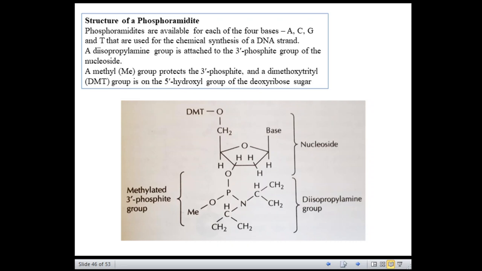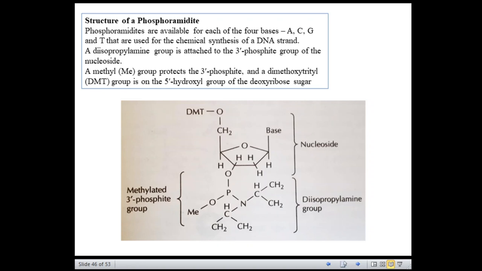Next, the 5' DMT group is removed. That is what we call detritylation, from the attached nucleoside by treatment with TCA. So how to remove this DMT? You treat the nucleoside with TCA.